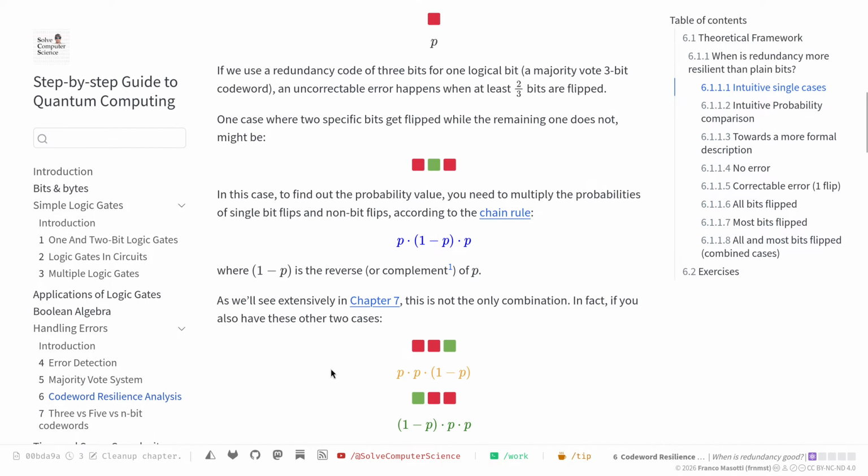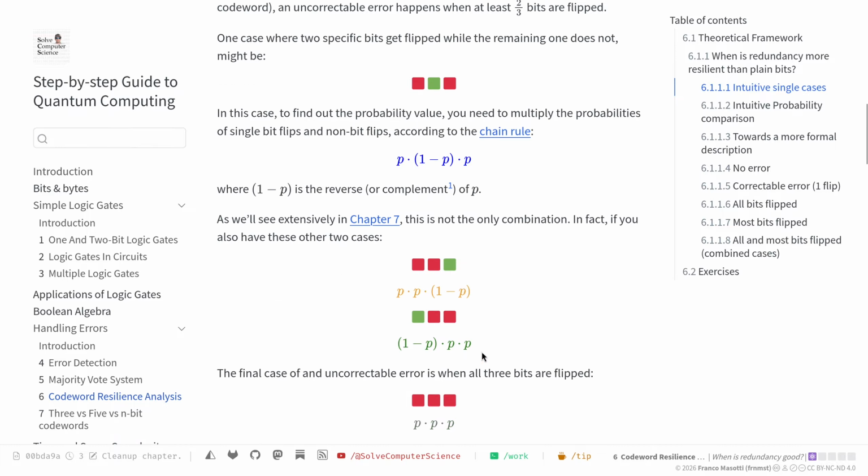However, this is not the only combination because you can have the first and the second bit flipped or the last two flipped. So if you express them still using p, you have this case here, p times p times 1 minus p, and 1 minus p times p times p, okay?